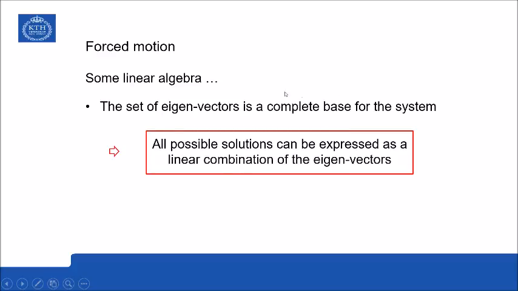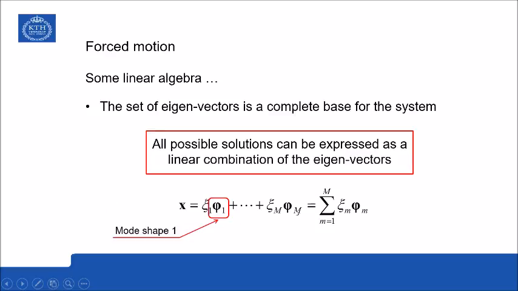This is what the term complete base means. So the vibration x, displacement for instance, can be expressed as a linear combination of the eigenvectors phi1 to phi m. Phi1 here is mode shape 1, and the coefficient psi1 is denoted the modal amplitude of mode 1.